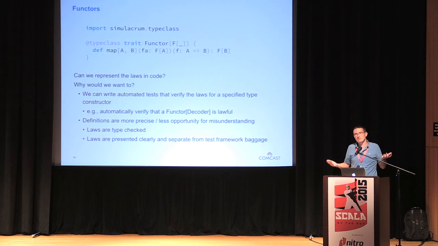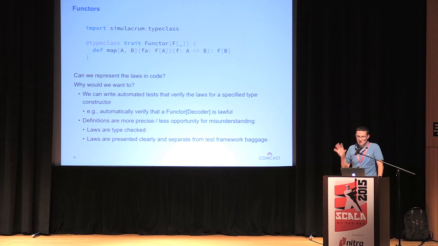Obviously we have an automated testing perspective. We want to be able to say that anybody that provides an instance of the functor trait for their type constructor F, we want to validate that their instance actually adheres to these laws. It's important because if they were to cheat, if we had an instance of that trait that compiled but the implementation didn't adhere to every law, we have a potential break in referential transparency.